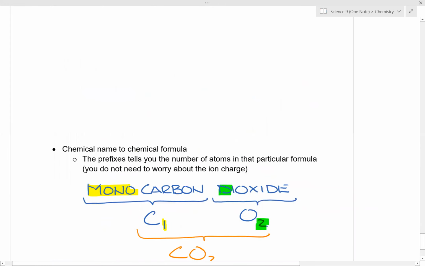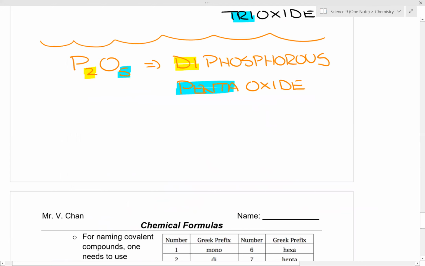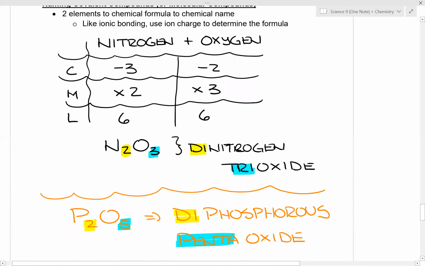So for covalent naming, you have two nonmetals. You still just follow the 4 steps: the charge, the lowest common multiple, the multiplier, and then the formula. And to indicate that you have two nonmetals, you use prefixes in the names.